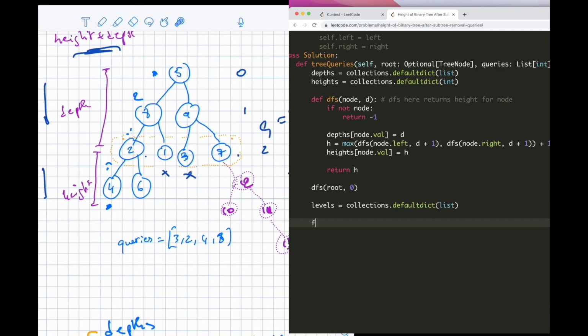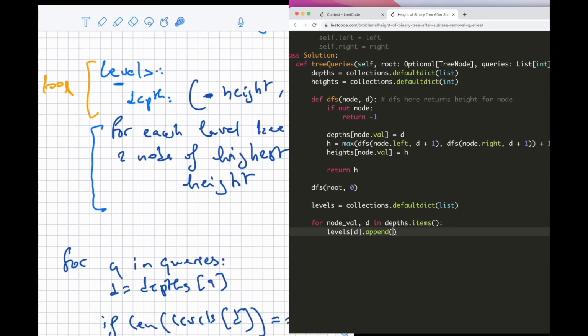So to do this, well, we'll go through all the depths elements. So we'll get the node value because that's what we add here. So node val, and then we'll get the depth, which is, let's call it d, in depths items, right? And for each one of them, the levels is just those that have the same depth. So just make the key be depth. And what we want to add, a couple of things.